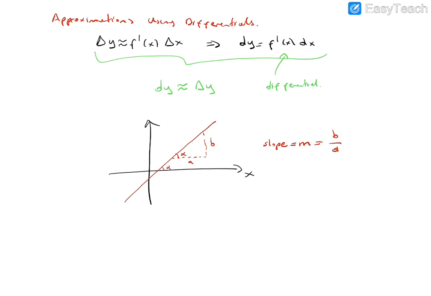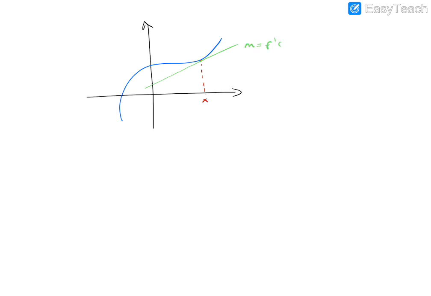Okay. Now consider the line tangent to the graph of y equals f of x. So we have a curve. This is our curve. At this point, for example, let's consider the tangent line. This is our tangent line. Since f prime x is the slope of the tangent line at this point x, the slope of the tangent line is f prime x, okay?